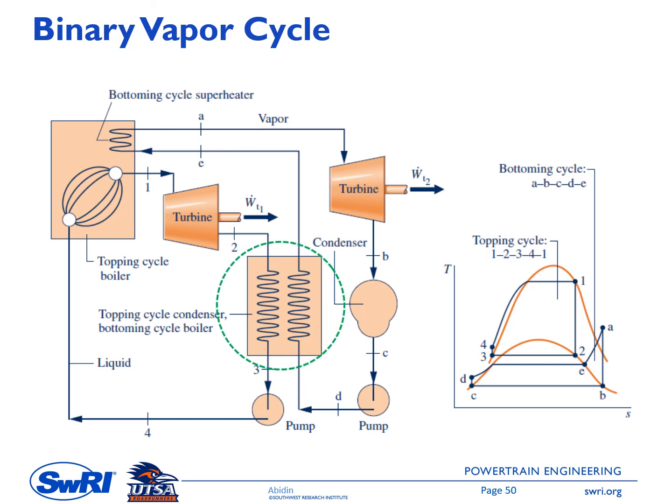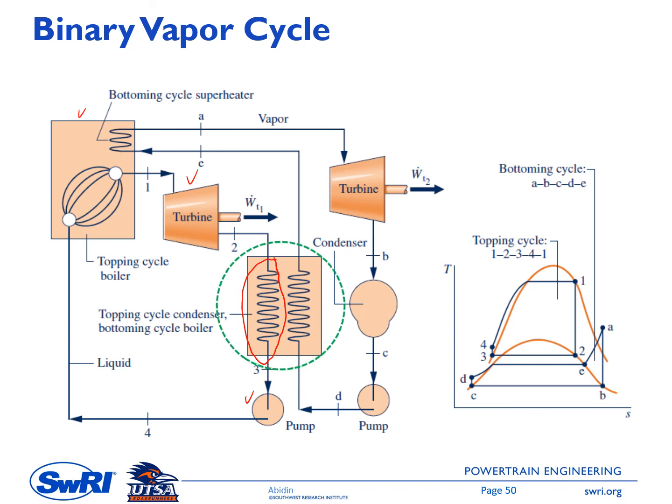So we have a steam generator here, and then a turbine, and this side acts as the condenser for the high temperature cycle, and this is the pump, and then going back again to the steam generator. And then we have the second cycle here, which is a low temperature cycle.